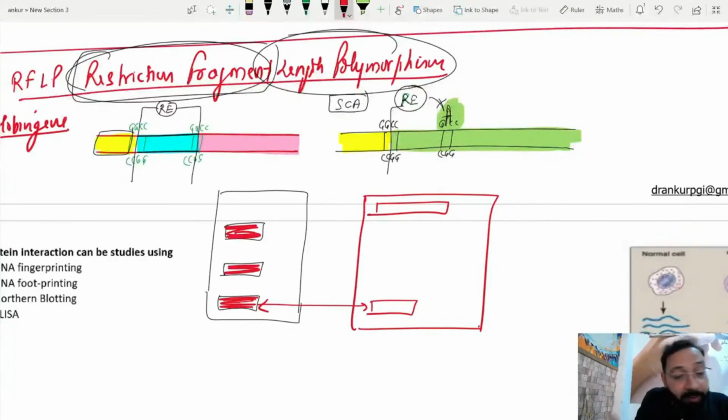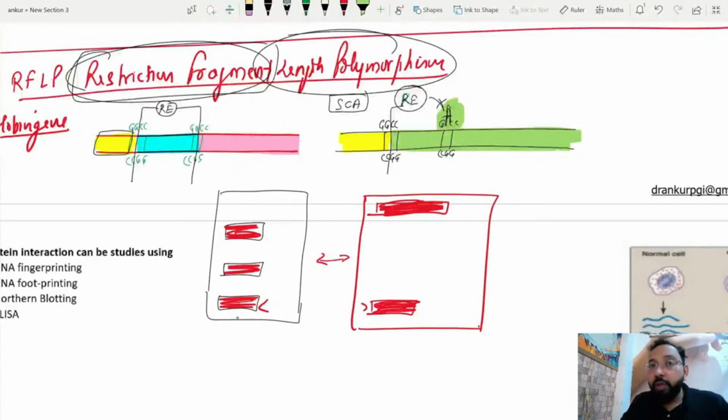But in sickle cell anemia, two fragments are obtained, and if you do electrophoresis, you will find a different electrophoretic picture. Till now we know all this information. I have not done any experiment. Now I start the experiment.